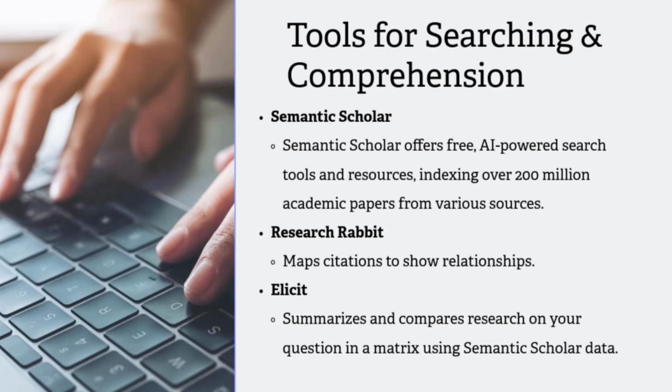This is all built on Semantic Scholar. Research Rabbit and Elicit use Semantic Scholar's database of sources as their grounding tool. So instead of just generating words, they're actually looking at the research that they are able to get through Semantic Scholar.